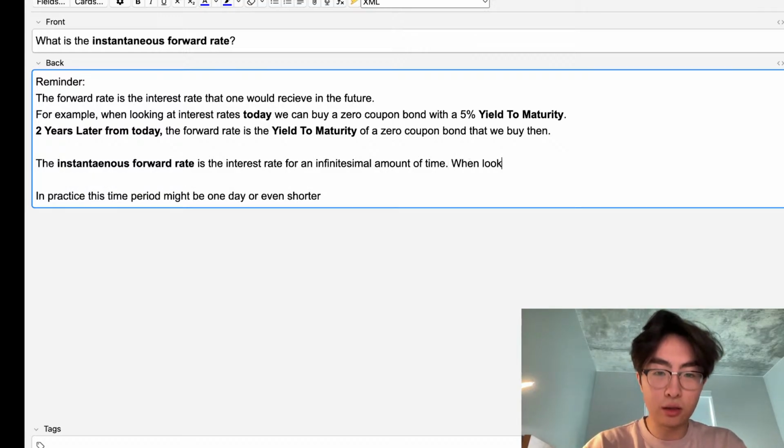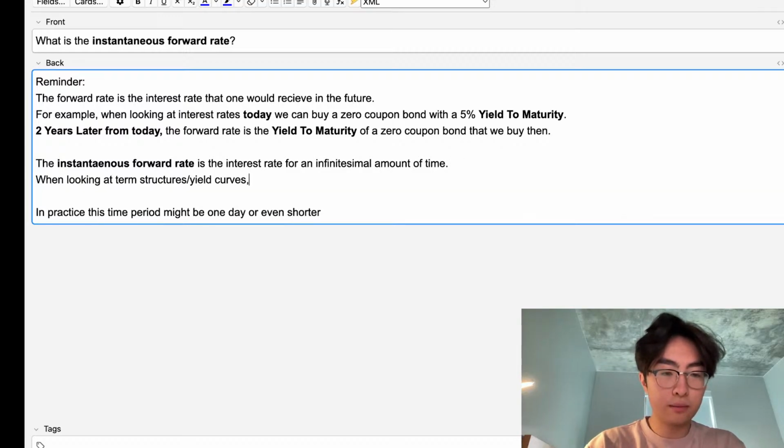When looking at term structures, yield curves, these are continuous functions.